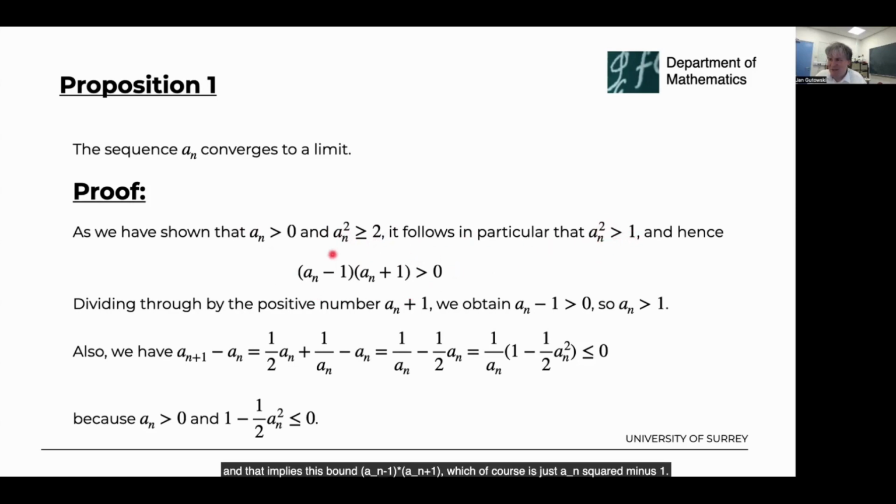And that implies this bound, an minus 1 times an plus 1, which of course is just an squared minus 1, that's strictly positive. As an is a positive number, it follows that 1 plus an is also a positive number, so I can divide through this inequality by 1 plus an, and it won't change the order. Consequently, an minus 1 is strictly positive, so an is actually strictly greater than 1.